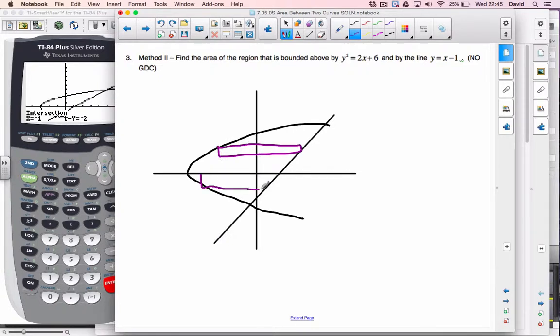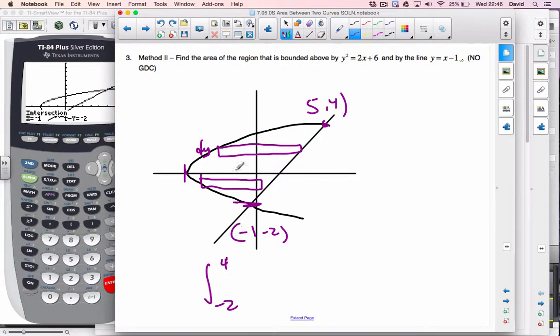Everywhere I draw a rectangle, it's the same curve in terms of dy. So I know that this value was -1, -2. This value is 5, 4. So if I do it in terms of dy, I know I'm going to go from -2 to +4.